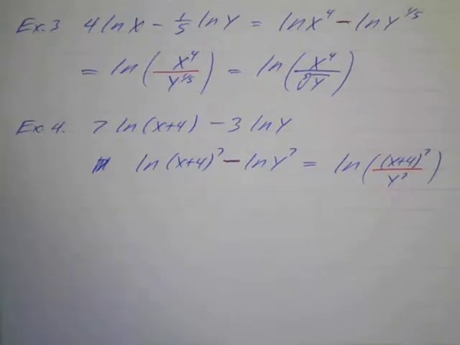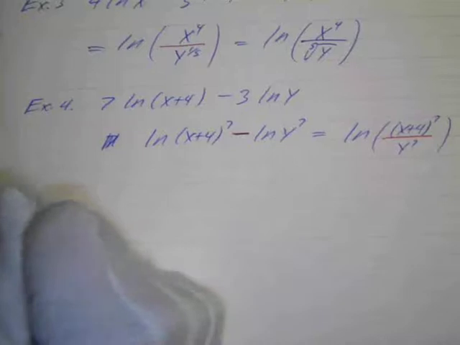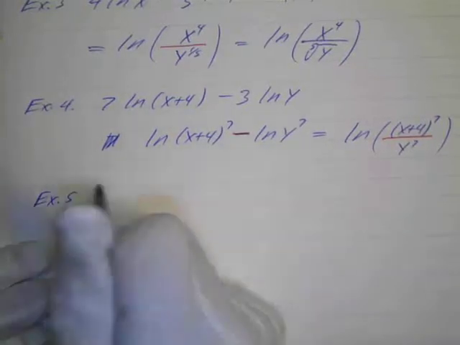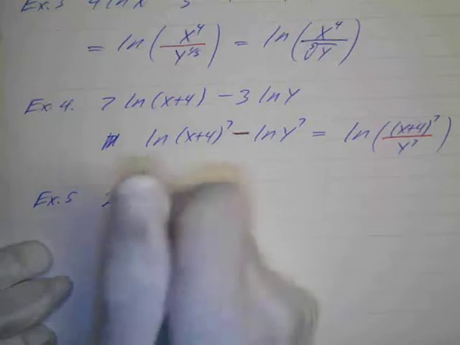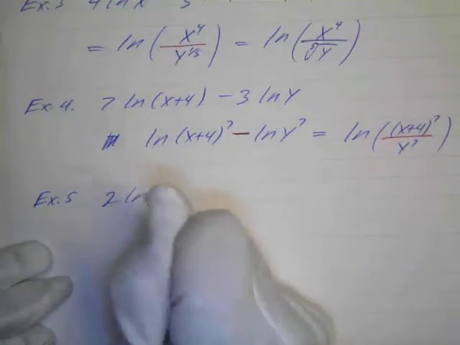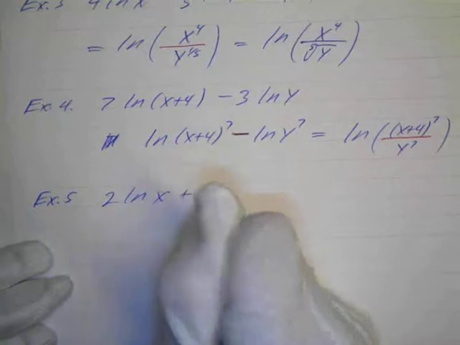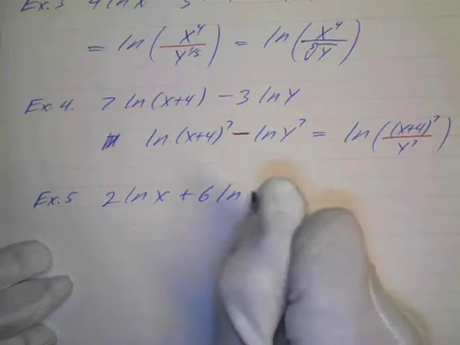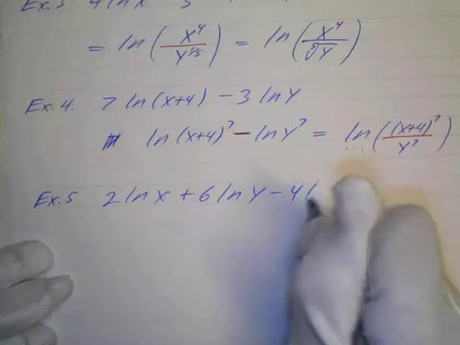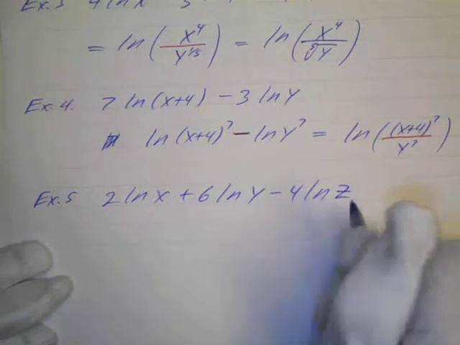Okay, let's try another one. Example 5: 2 natural log of x plus 6 natural log of y minus 4 natural log of z.